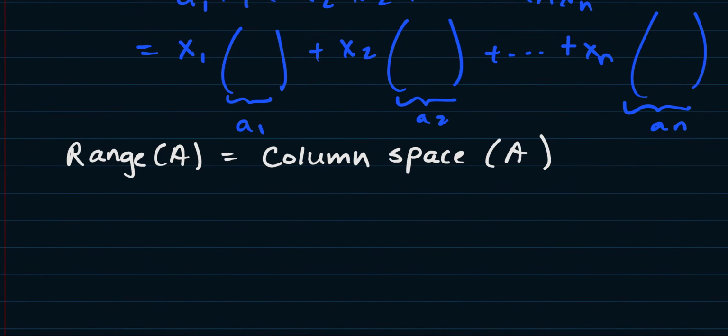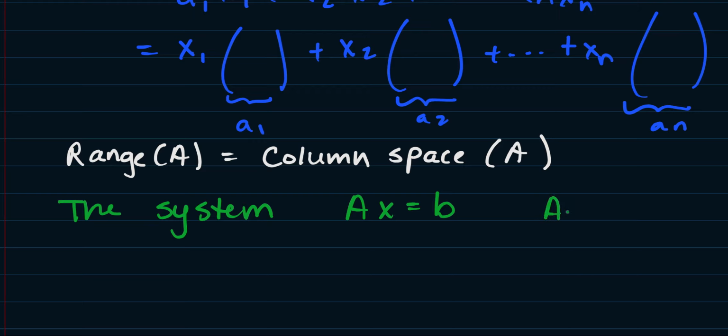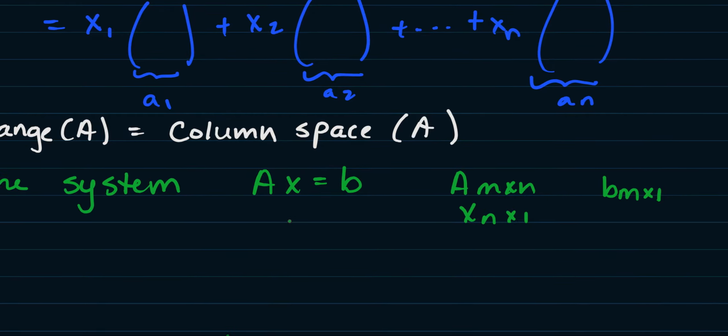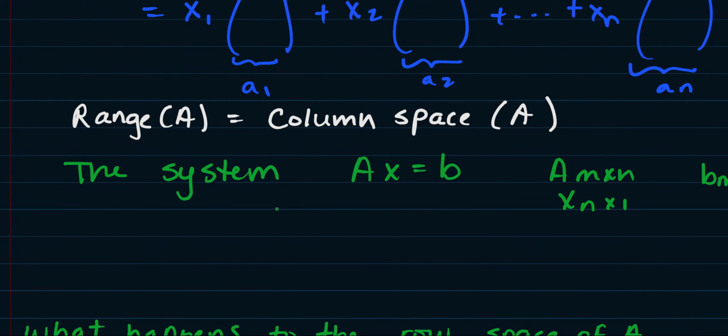And that brings me to an interesting point. Let's say you have a system AX is equal to B, A being an m by n matrix, X being n by 1, and B is an m by 1 matrix. Let's say you have a system like this, and you want to figure out if it's consistent.